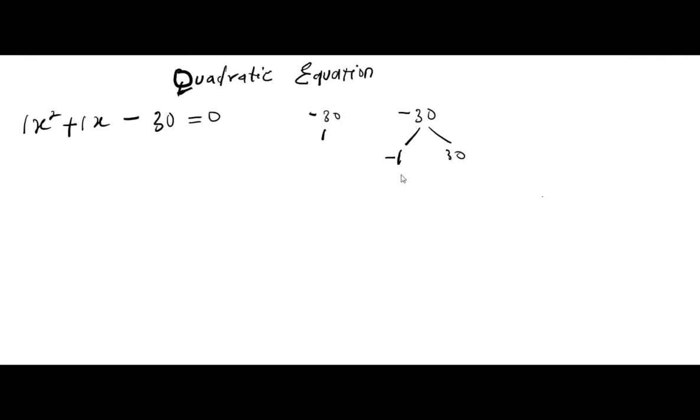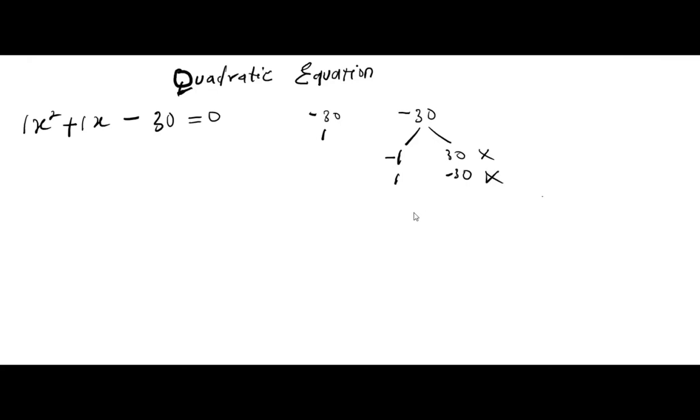Then negative 1 plus 30 will not give us 1. So this is cancelled. So let's take 1 and negative 30. 1 times negative 30 will give us negative 30, and 1 plus negative 30 will never give us 1. So this is cancelled also.